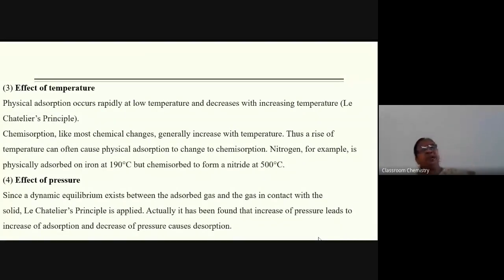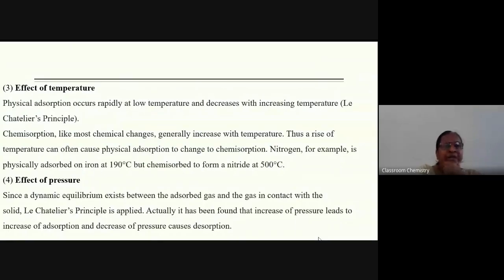Physical adsorption occurs rapidly at low temperature and decreases with increasing temperature. In the types of adsorption we will see in detail about the physical adsorption and chemical adsorption.